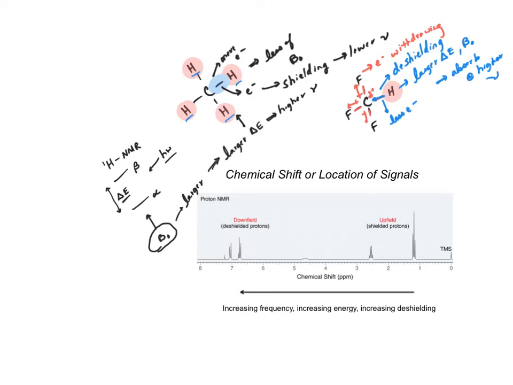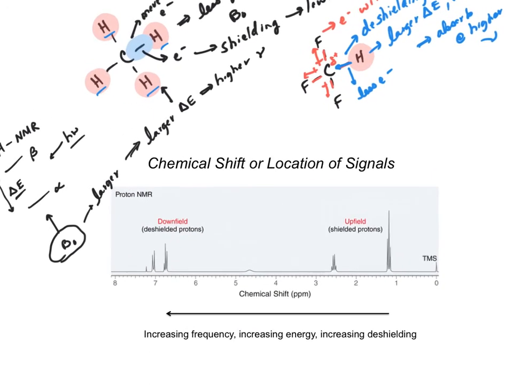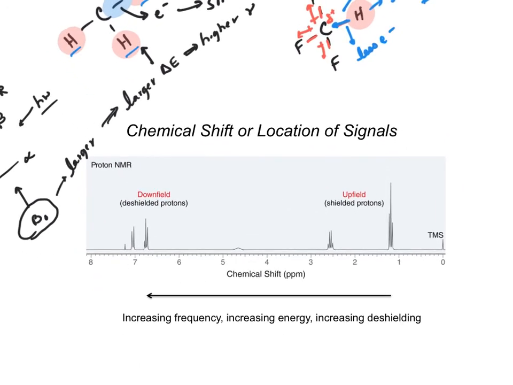And then we started talking about how we actually took spectrums, right? So if we have a molecule and we're interested in taking the NMR spectrum, we always insert an internal standard, and that internal standard is something called TMS. It stands for tetramethylsilane. The protons in tetramethylsilane are like the most shielded protons of all.